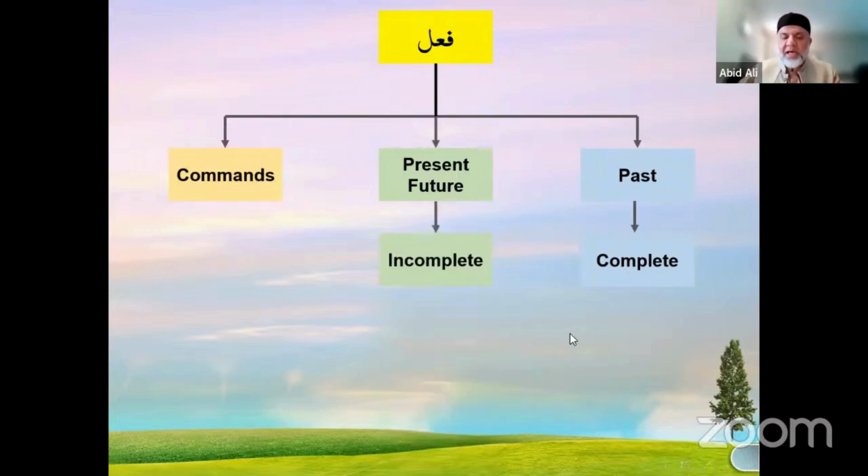But something happening right now, for example, I'm eating my lunch, meaning I'm having my lunch right now, is continuous, it's not completed yet. If I do something in the future, it has not even started yet. It will start sometime in the future, and then it will finish sometime in the future. So when you think about a fail, you need to think about the tenses.